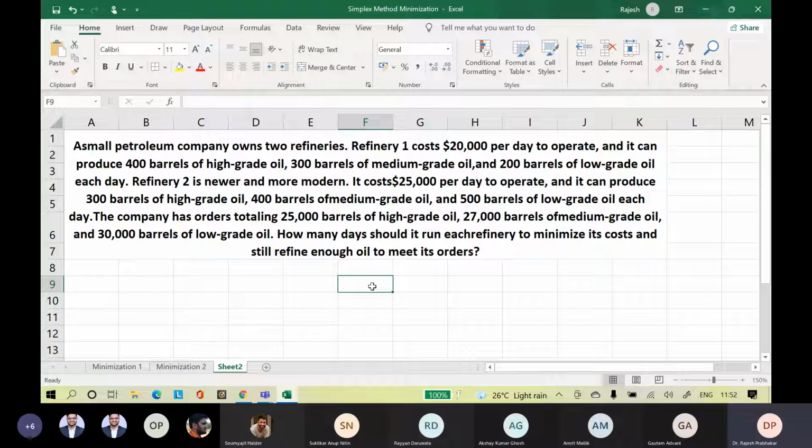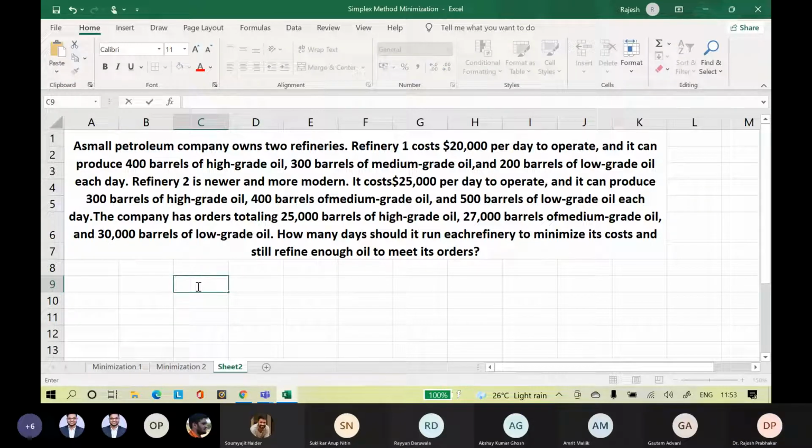So what is the objective function? Refinery 1 and refinery 2 are there. So your objective function will be to minimize cost.